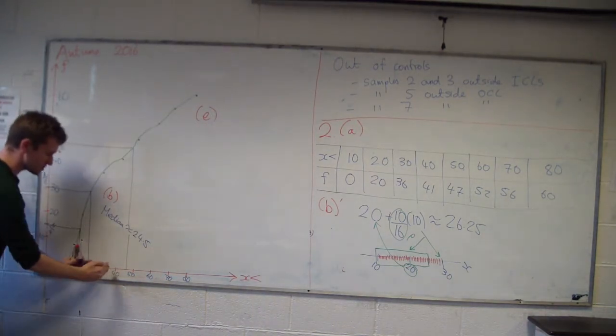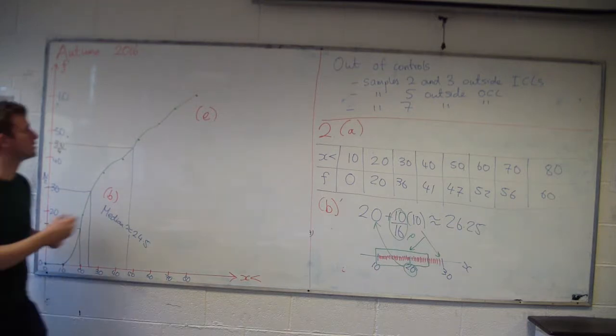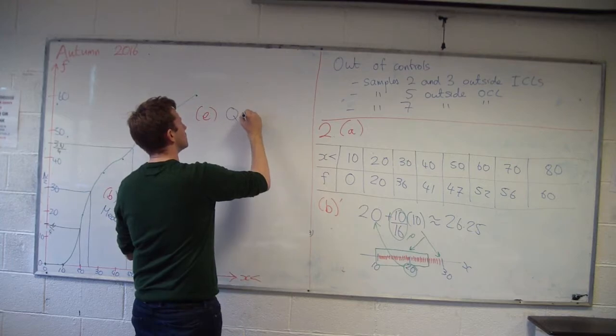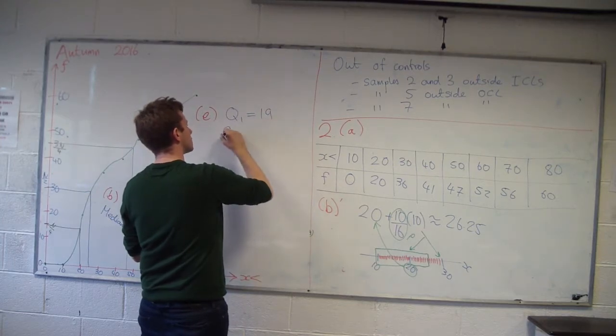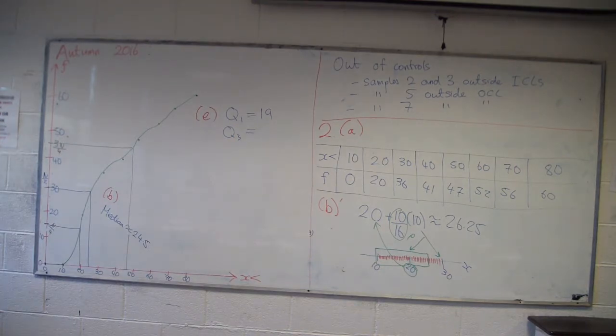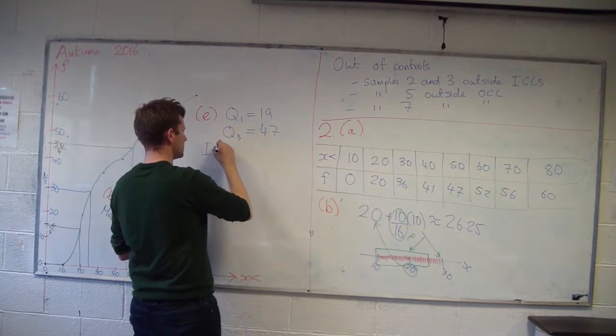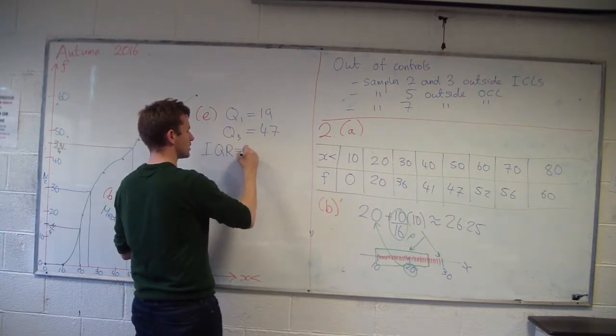If this is very, very small, the middle 50% is all squashed together. Q1 is this number here, which I'll call 19. Q3 is this number here, which I'll call 47. And the interquartile range is the difference between them.